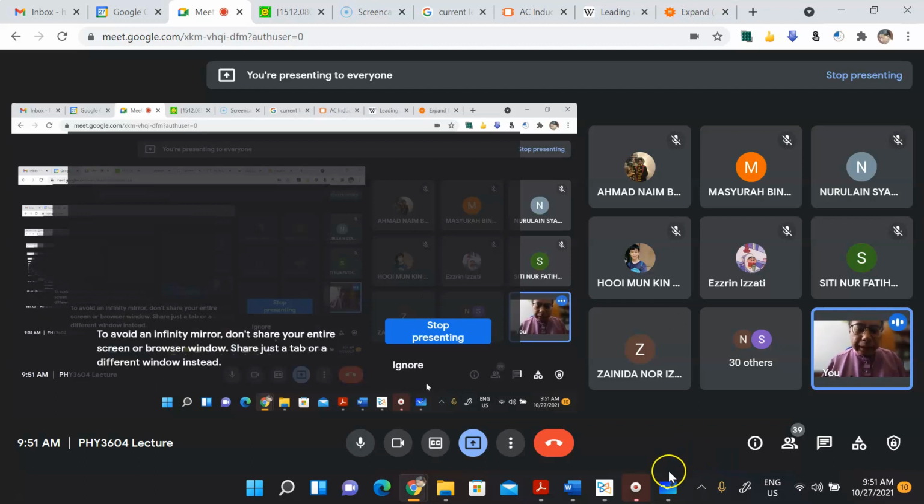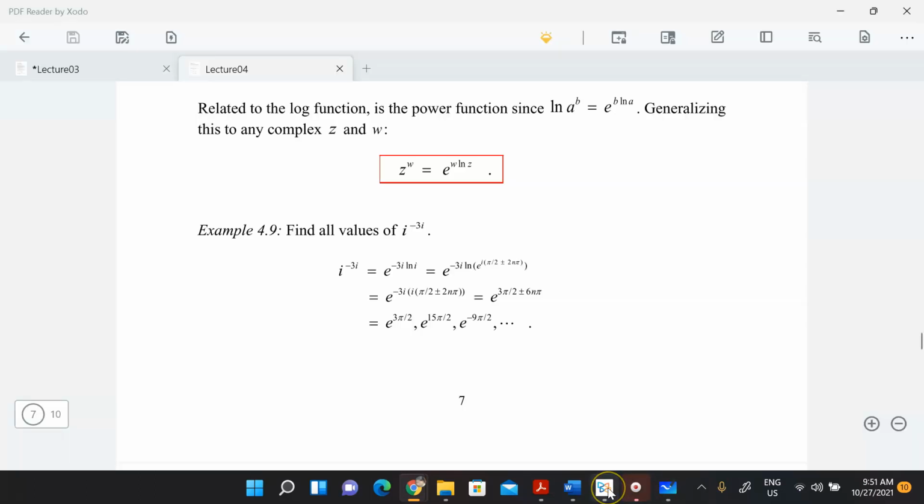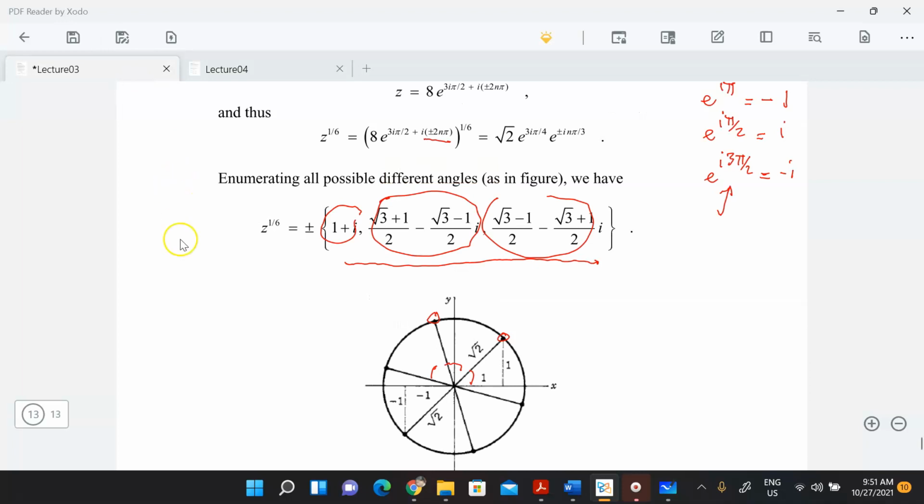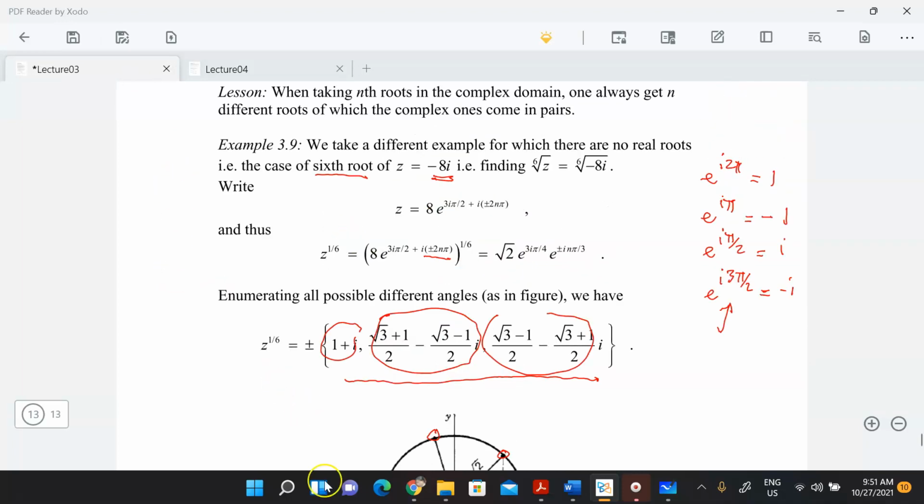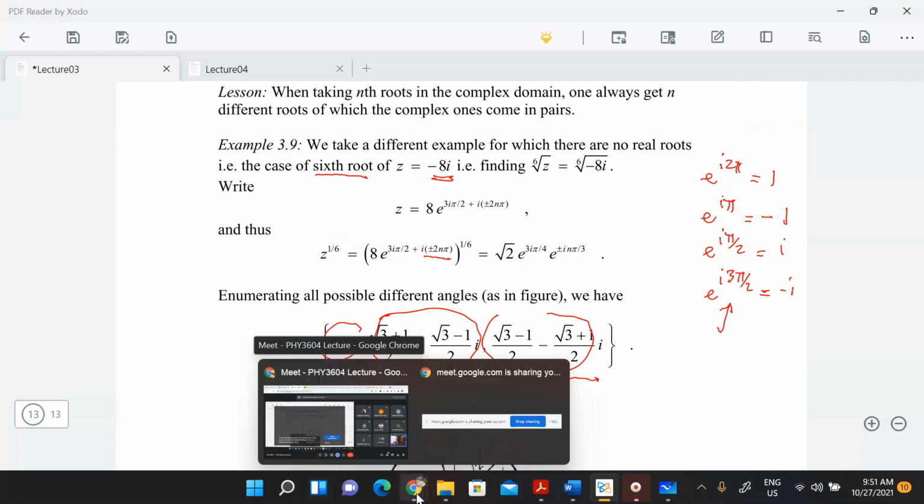Okay, let me just go back to the notes and see where precisely they stopped or got disconnected. Hello.